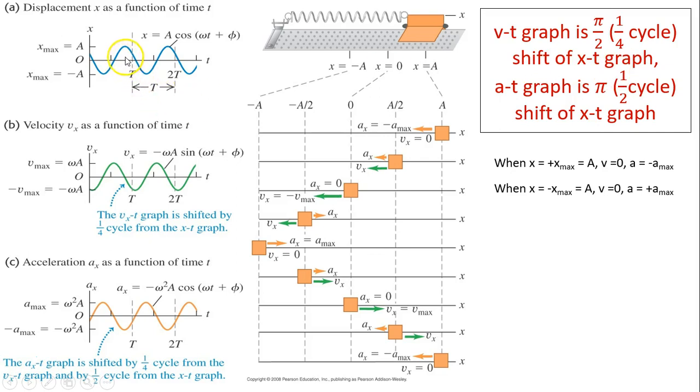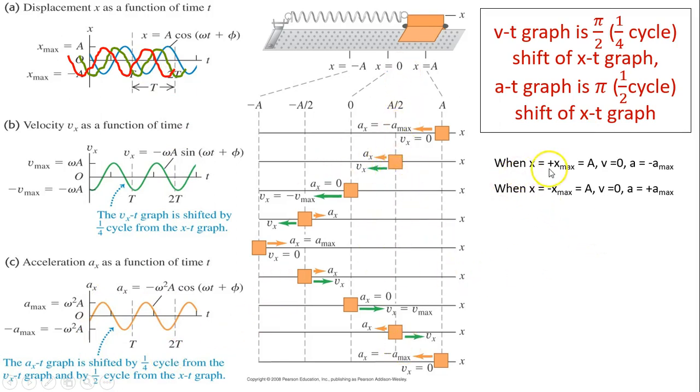You shift this graph to the left by a quarter cycle and it becomes the velocity. Shift it to the left another quarter cycle, and starting from here, this will be your acceleration.